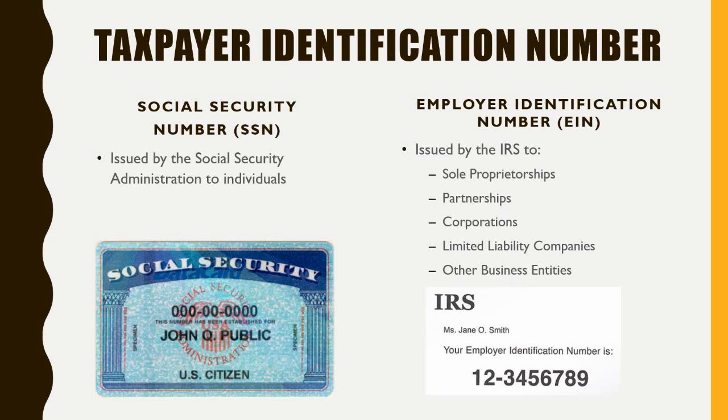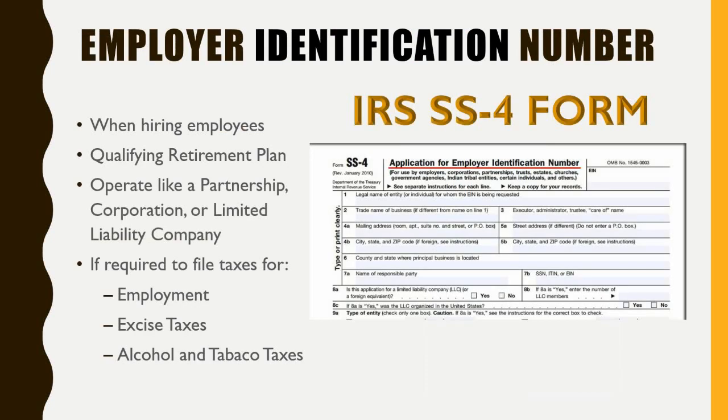So, rule of thumb, the minute you open up your business, you must apply to the IRS for your employer identification number. Now, how do you apply? You go to irs.gov and search for the SS-4 form. It basically gives you a form that allows you to apply, stating what your legal business name is, XYZ.